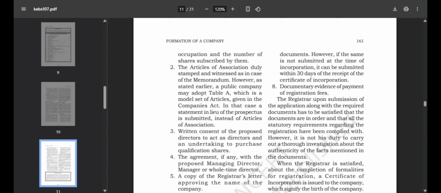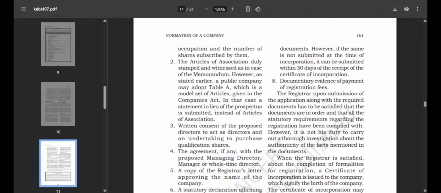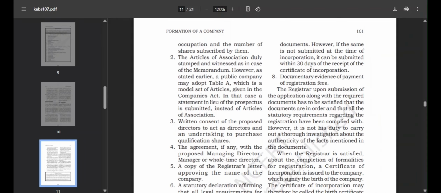So the registrar, upon submission of the application along with the required documents, has to be satisfied that documents are in order and that all the statutory requirements regarding registration have been complied with. However, it is not his duty to carry out investigation about the authenticity of facts mentioned in documents.